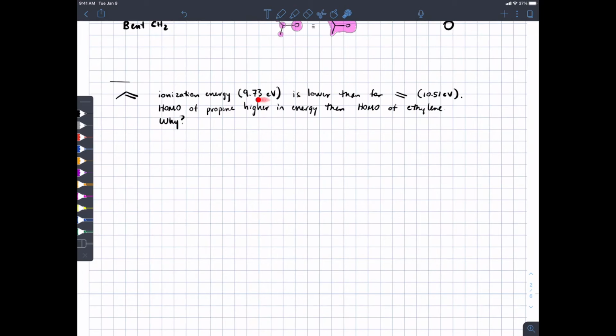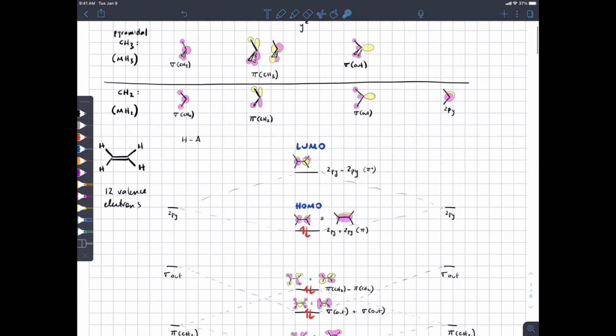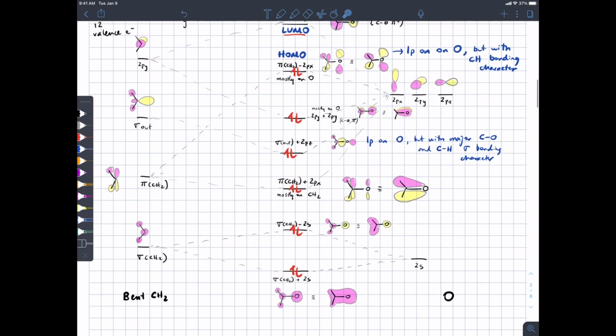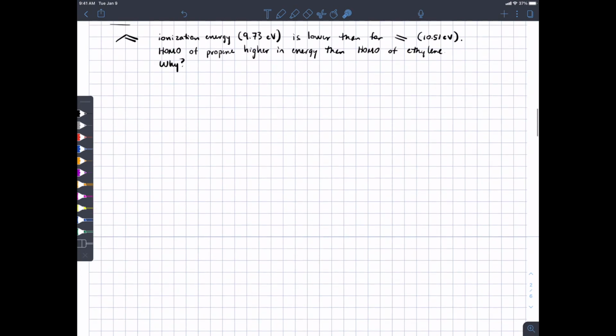The ionization is lower. That means it takes less energy to get it to infinite distance, and the only way that would be true is if somehow the HOMO for propene were higher in energy than the HOMO for ethylene. Let's see if we can reason how that might be the case using group orbitals.